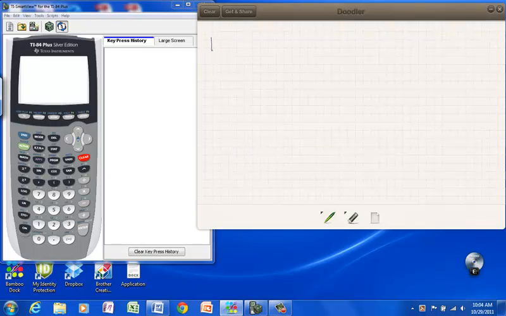So our first example is how many gallons are in 12.5 liters.